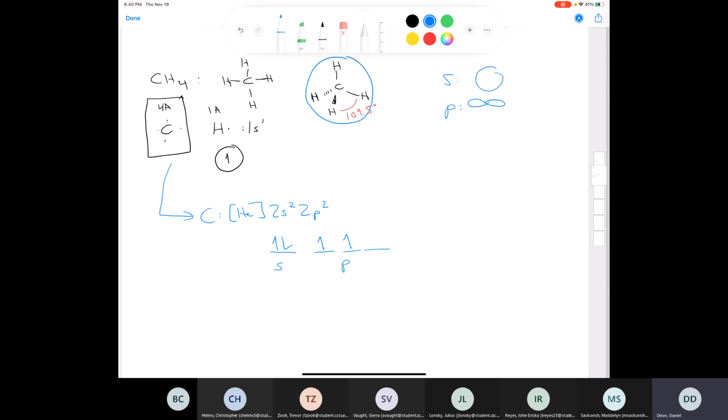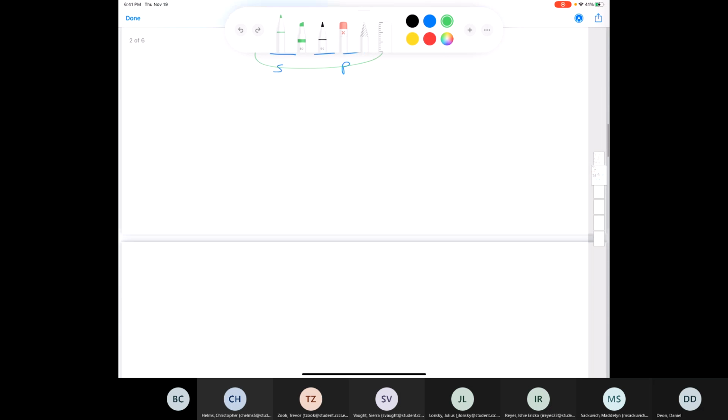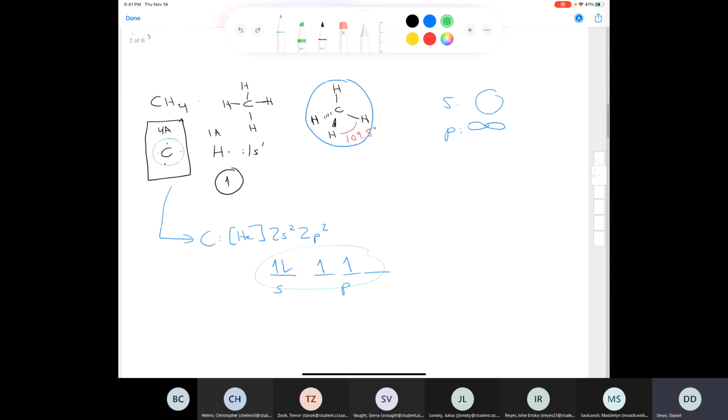If you're like, why doesn't it make any sense, Mr. Dion? Well, I can give you 2 reasons. Number 1, it doesn't have 4 unpaired electrons according to this. It's got 2 unpaired electrons and 2 electrons that are paired up, so that's no good. Not only that, the 2 s electrons are in a sphere like that, and they're paired up, and then I've got 2 electrons in 2 p orbitals.